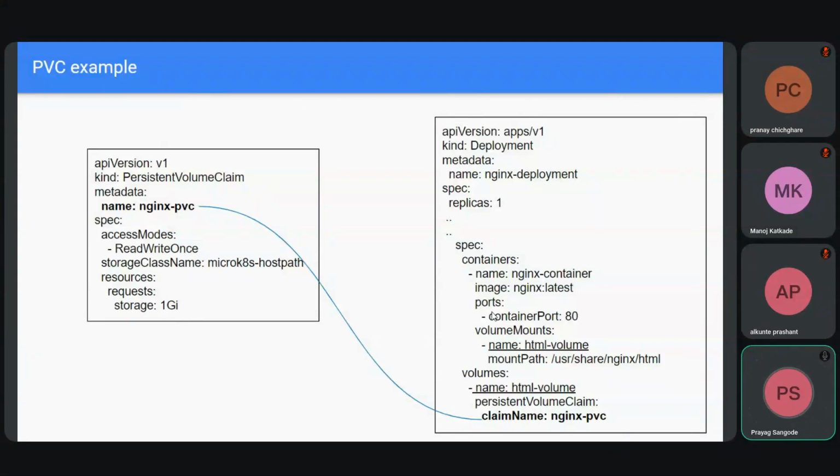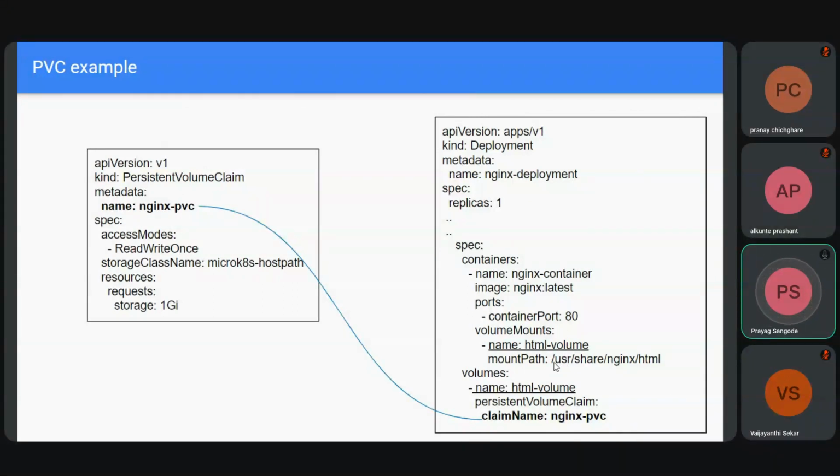Then in the deployment definition, we'll add one more section, for volumes. Here we say that the PVC which you created, name it as html-volume. In the container, under volume mounts, first we define the volume, that use this PVC html-volume. Then use this defined html-volume on this particular path, /usr/share/nginx/html.